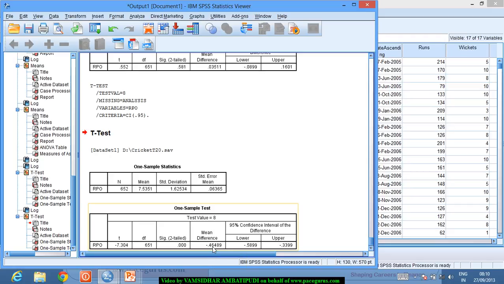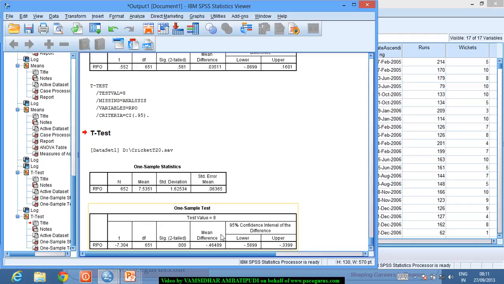The way you tell confidence is you take 100 minus this, almost 100% confidence, 99 point some, because this is a rounded-up number. So with 99.99% confidence, I can very well say that your statement that the mean runs per over is 8 can be rejected.